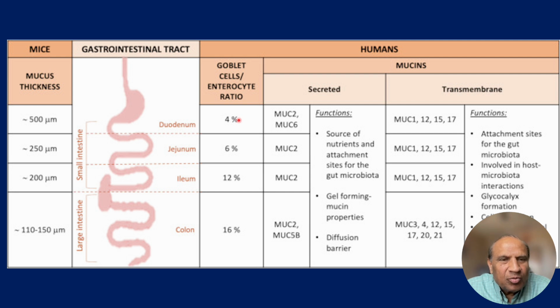Starting from the stomach, only 4% of those intestinal lining cells are goblet cells, slowly increasing up to 16% in the colon. This is important also, as this will create more mucus as we go from stomach to the colon, but also the thickness of the mucus varies in the stomach, small intestine, and the colon.